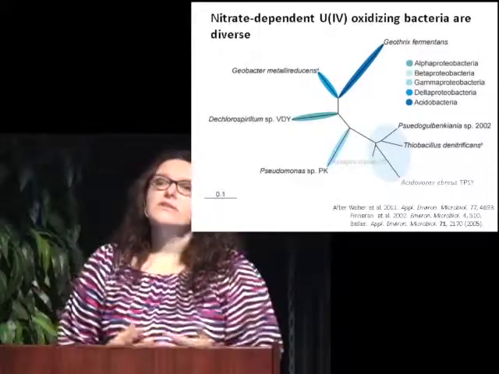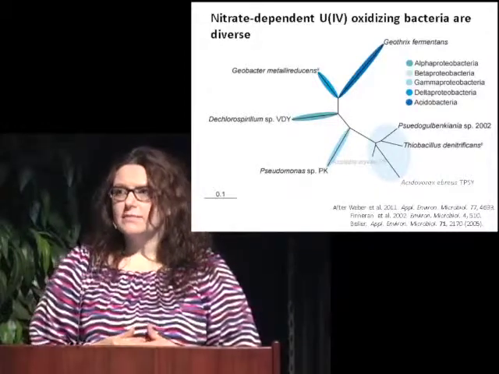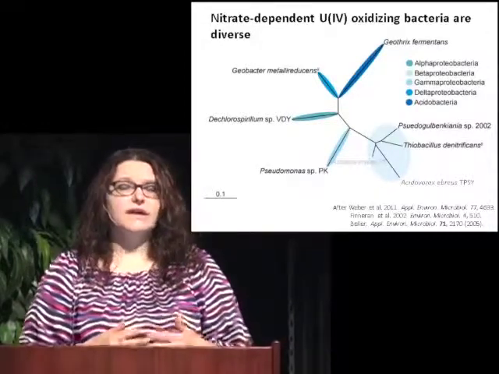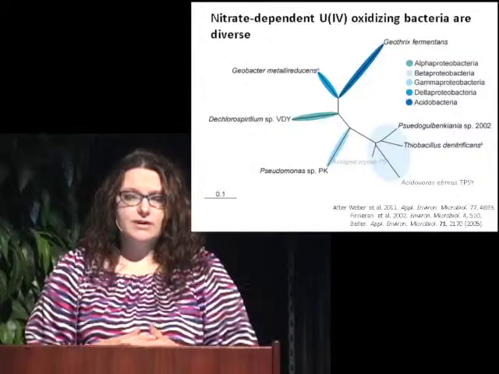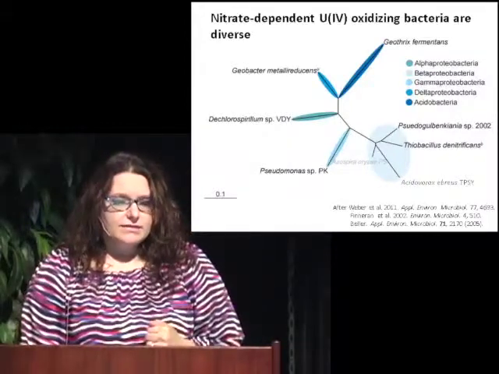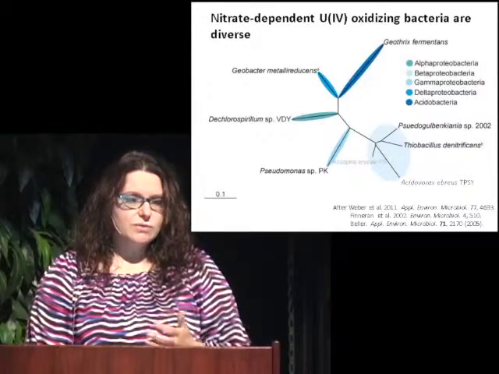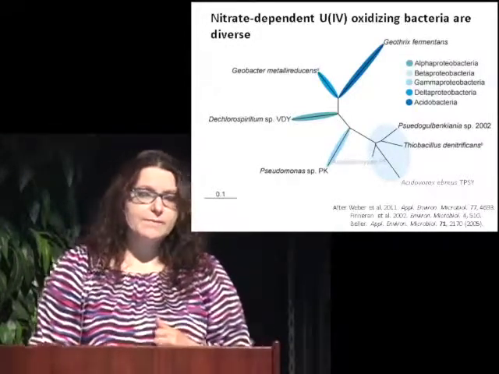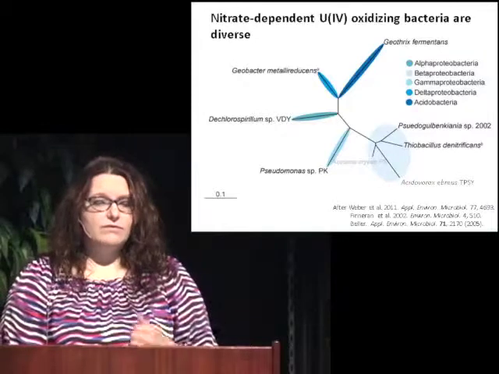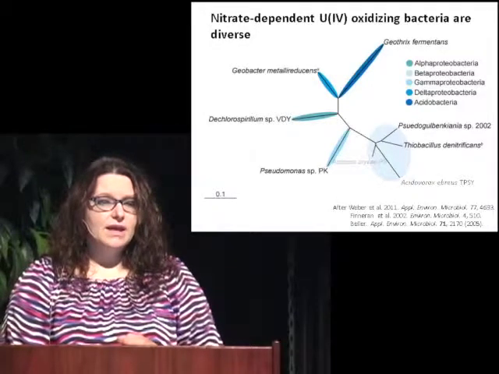Now, we continued to test a diversity of different organisms for their ability to oxidize reduced uranium coupled to nitrate reduction. So we also identified that other organisms such as Pseudomonas as well as Dechlorospirillum are also capable of oxidizing reduced uranium.